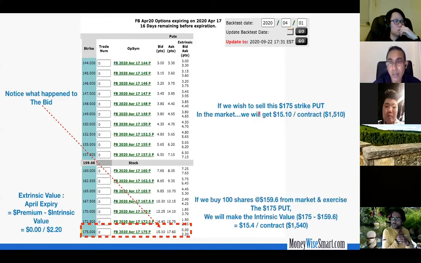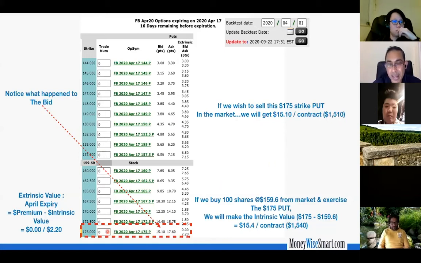So let's see how that will happen. If we wish to sell this 175 strike put in the market, because all these option strikes are trading in the market, and I'll show you when we go to Interactive Brokers, the prices are constantly moving. But see, I'll only get $15.10. So for one contract, I will only get $1,510.